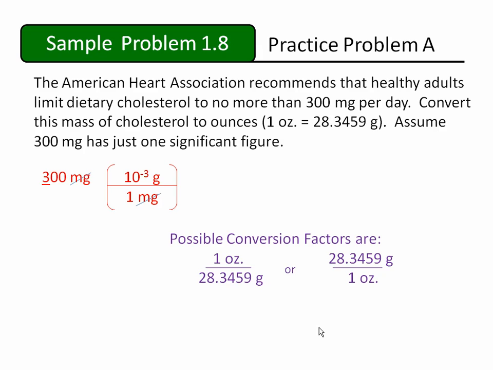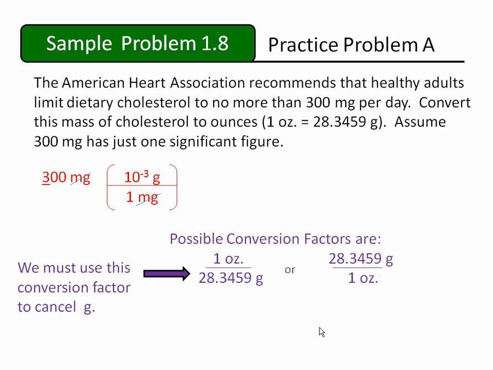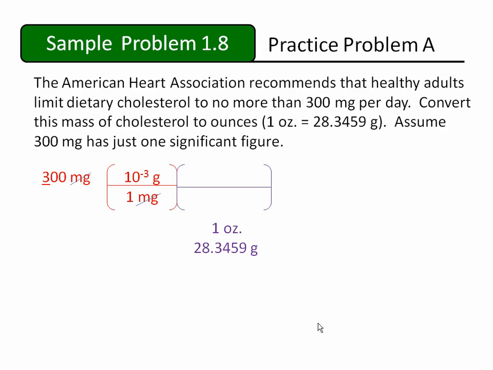Since we need to cancel grams, we should use this first fraction in this conversion factor. And let's move that into place. This obviously allows us to cancel the grams, leaving units of ounces.